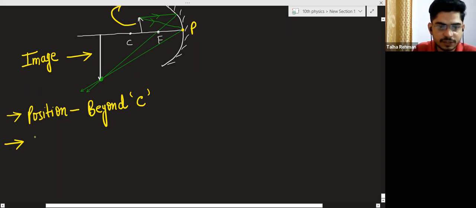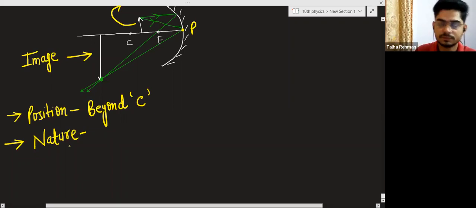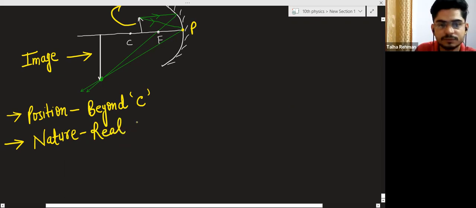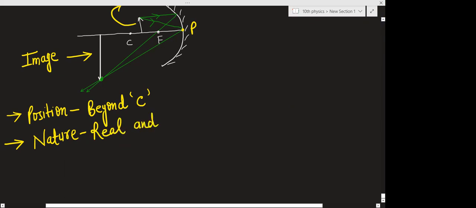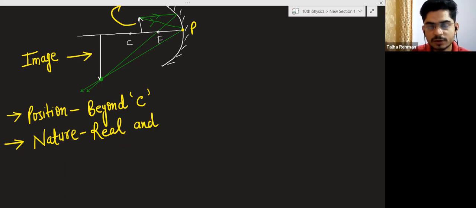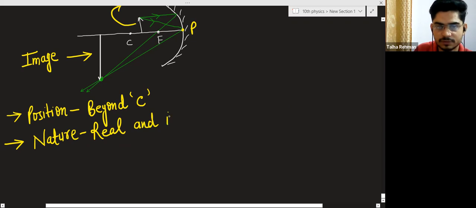So nature. Now Azaan, please tell me what will be the nature of this image. Will this image be real or virtual? Real. Okay, very good. Why real? Sir, because they are meeting. Okay, fine. And please tell me, is the image inverted or erect? Inverted. Very good.